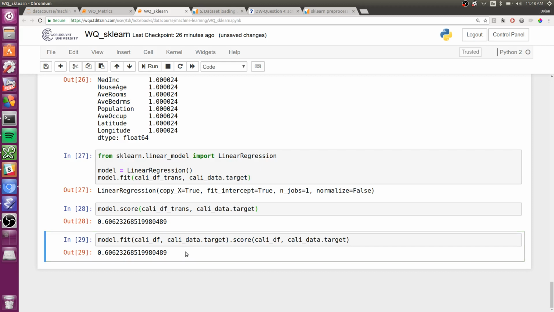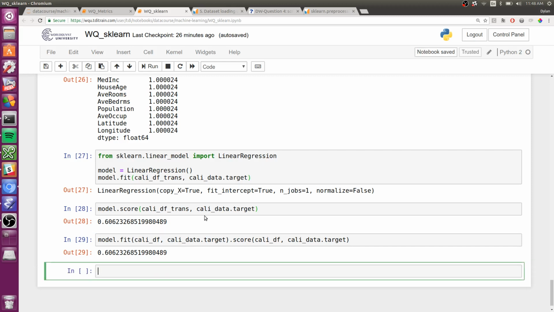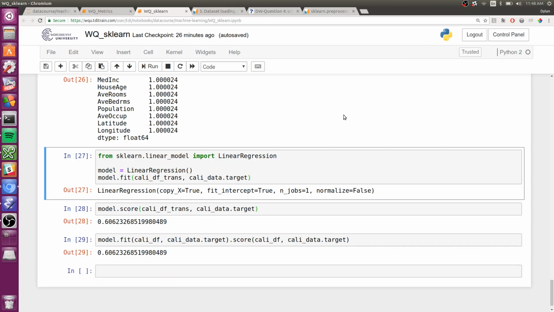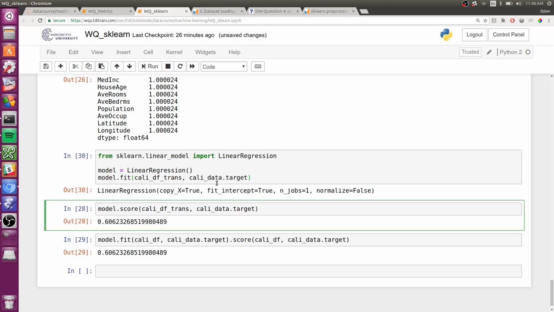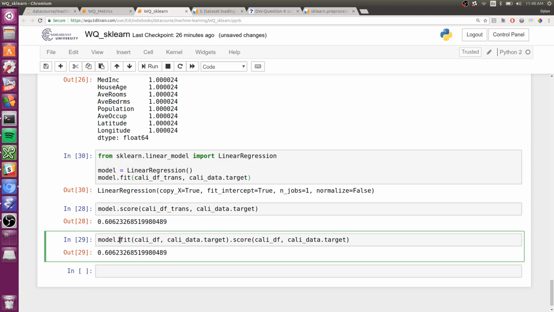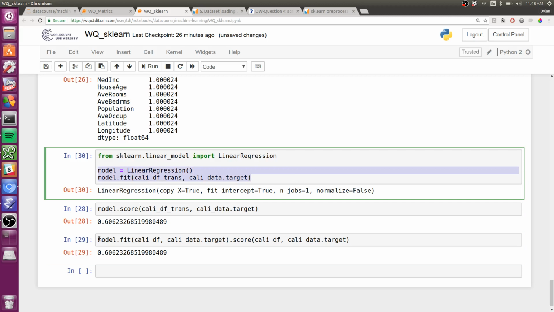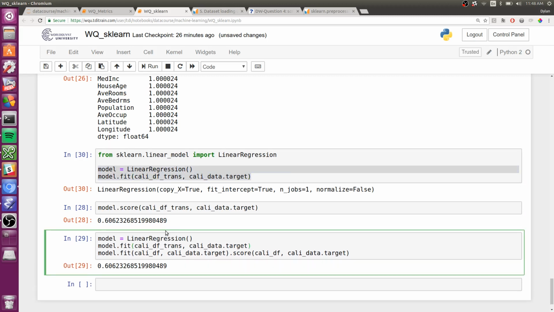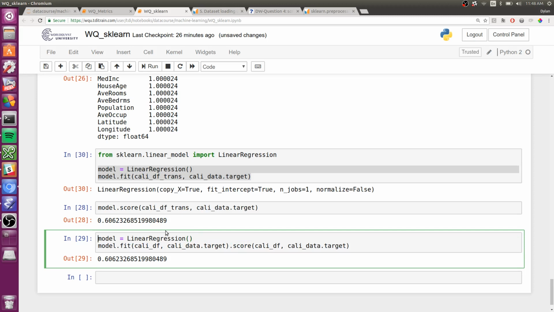But what it does is, if I am fitting to the transform data, so I'll call this second model. We'll make a second model that gets fit to the untransformed data. We'll call that model 2.